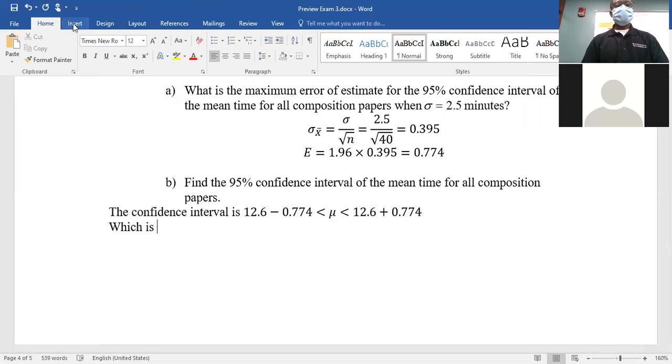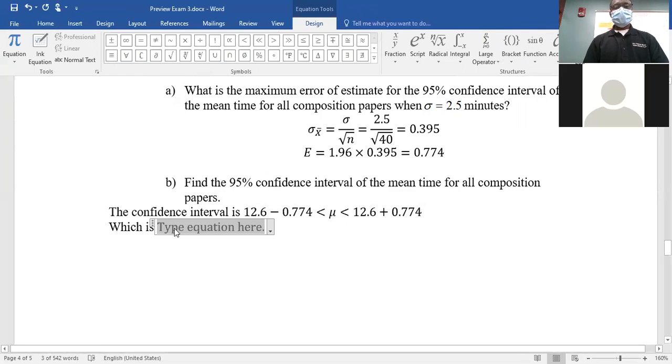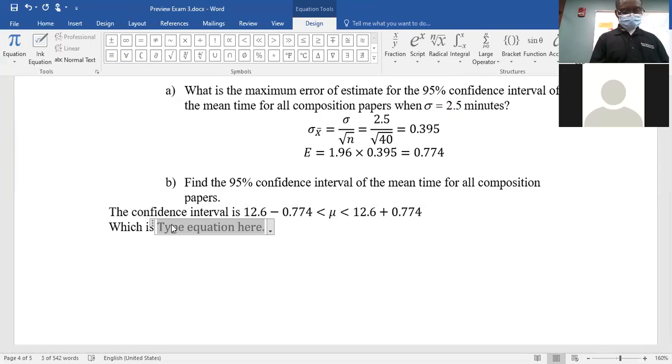Which is, what are the values? 12.6 minus 0.